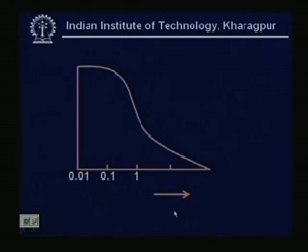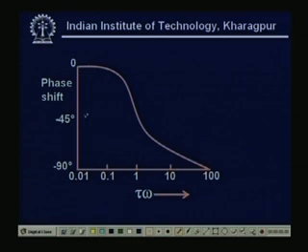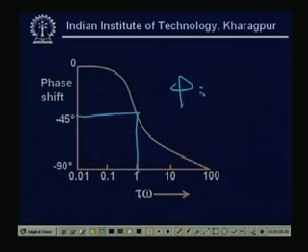If I plot the phase of a first order system with a sinusoidal input, you will find a phase shift of 45 degrees at omega tau equal to 1. You remember that the phase shift phi is tan inverse of omega tau.